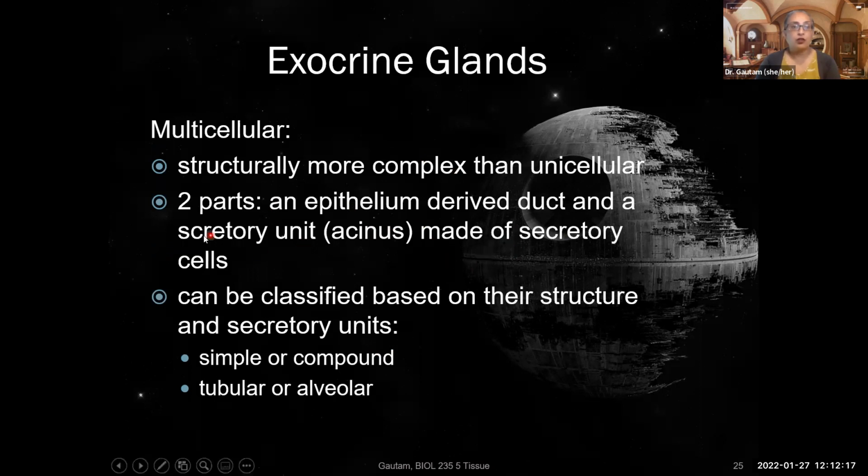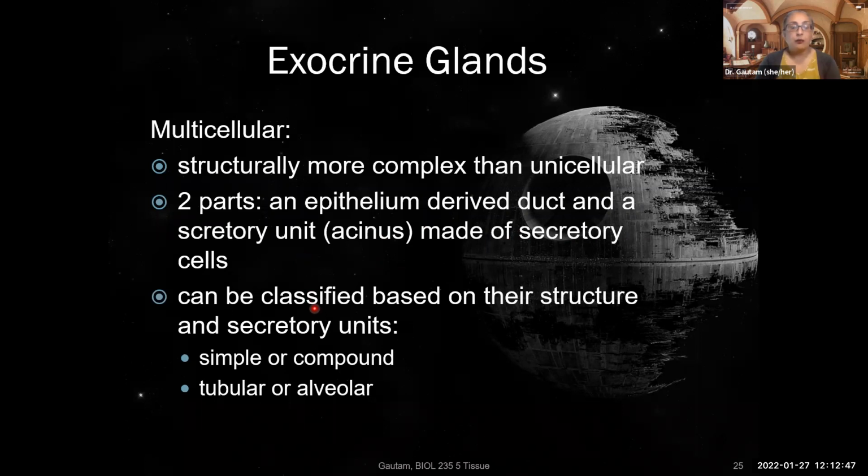Those are called the secretory units, also called the acinus, made up of cells that are modified to produce and secrete their specific chemical. And now you have to ship the product from that factory to where it needs to go. That pathway is called the duct. So you have two parts: the factory, which is the acinus or the secretory unit, and then the route through which the products are sent, and that's the duct.